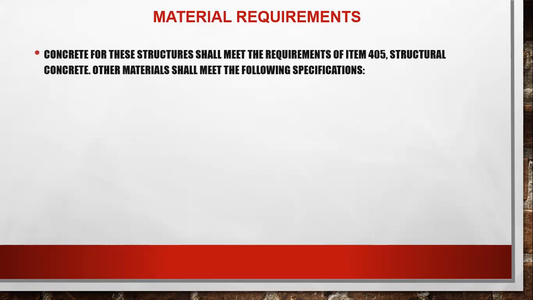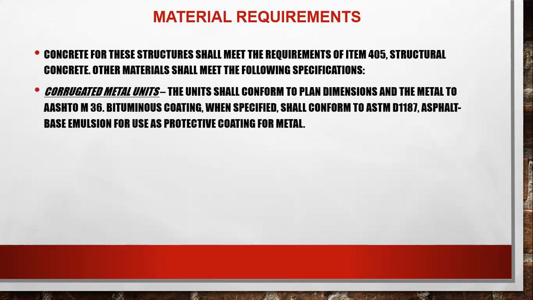So next is the material requirements. Concrete for this structure shall meet the requirements of Item 405, structural concrete. Other materials shall meet the following specifications. First is the corrugated metal unit.